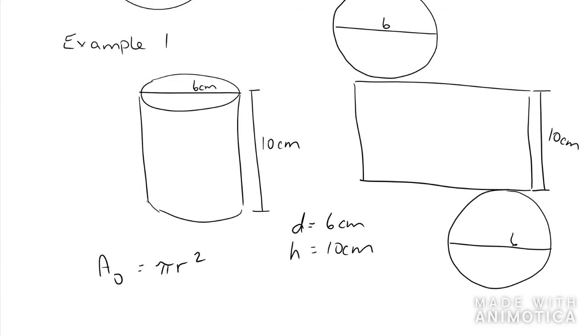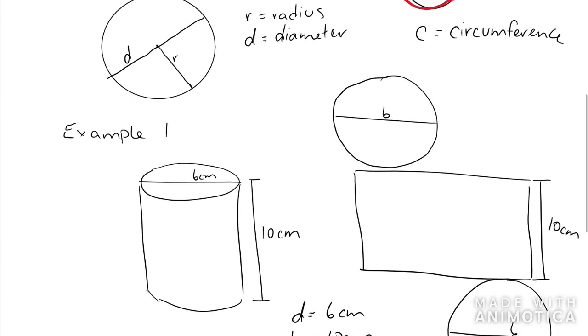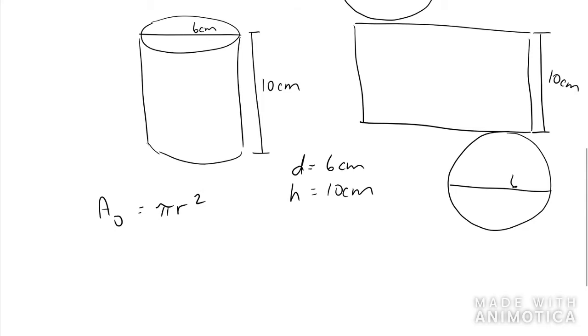Well, we need the radius. So remember, diameter goes all the way across. Radius only goes halfway across. So to be able to figure out what the radius is from the diameter, all we have to do is take the diameter and divide it by 2. So in this case, it's going to be 6 divided by 2, which will give us 3.